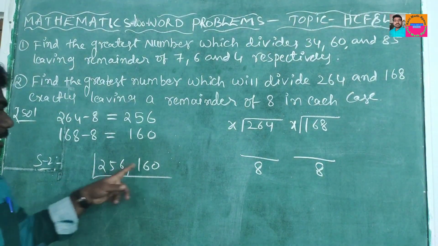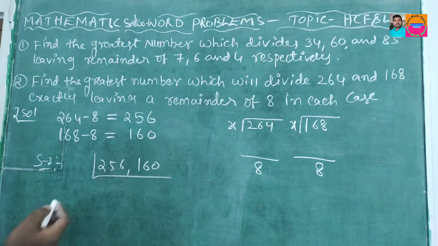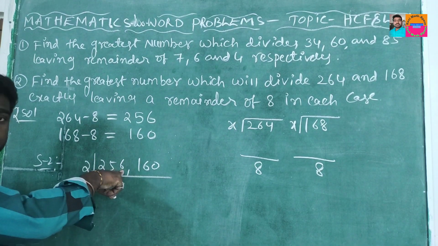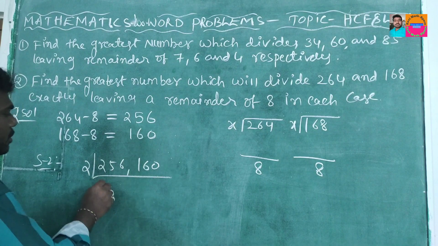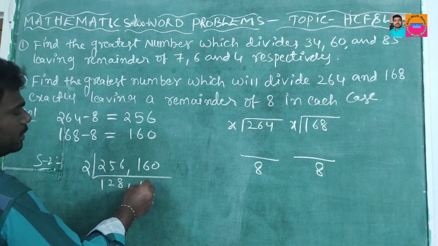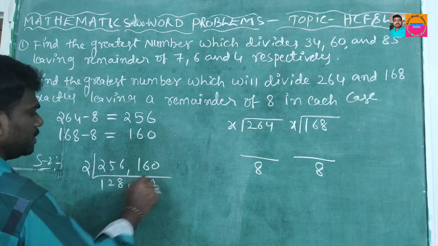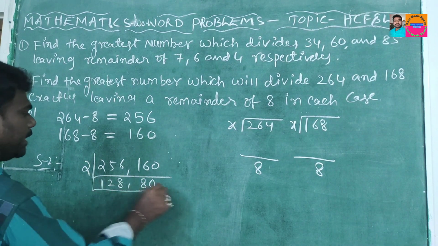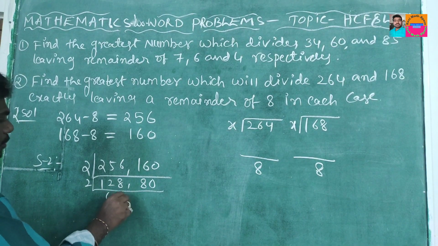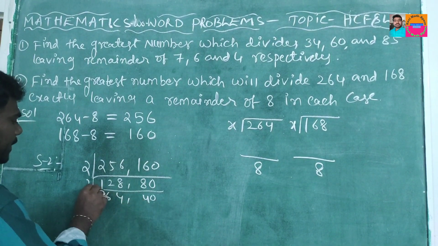For 256 and 160, common means I can take 2. Why? Because here the ones place is 6, here 0. So 2 ones are 2, 2 twos are 4, 2 eights are 16, 2 eights are 16. Again 2 threes are 6, 2 fours are 8, 2 twenties are 40.